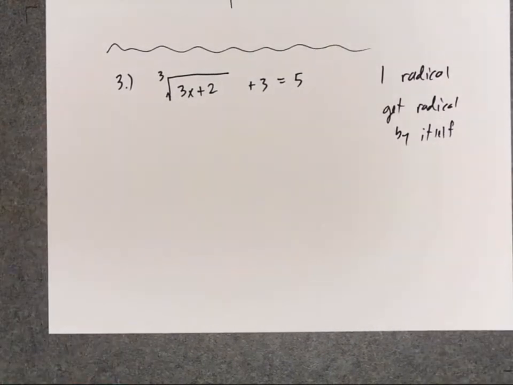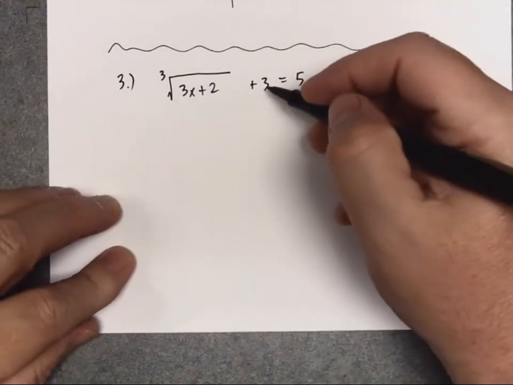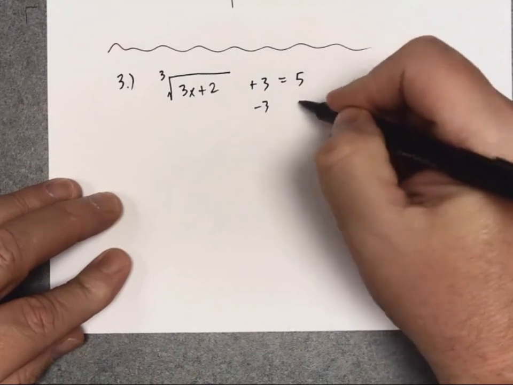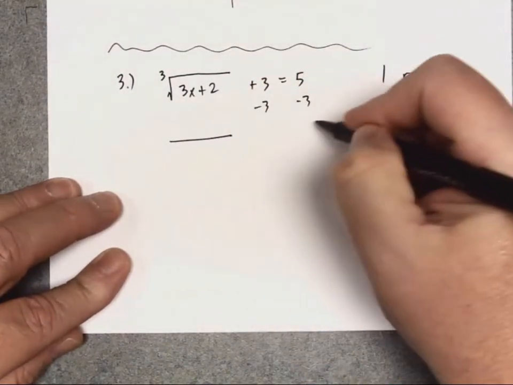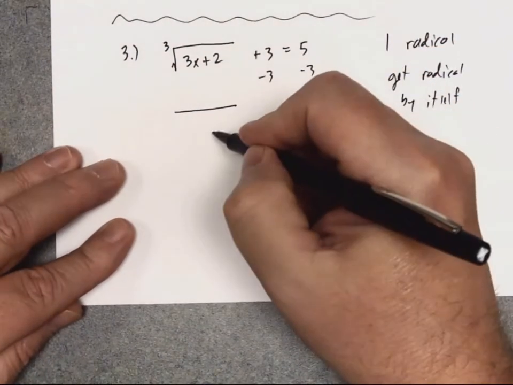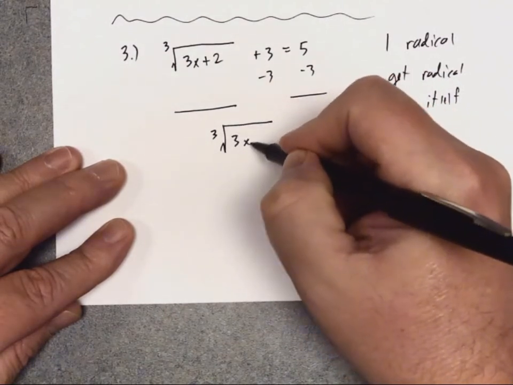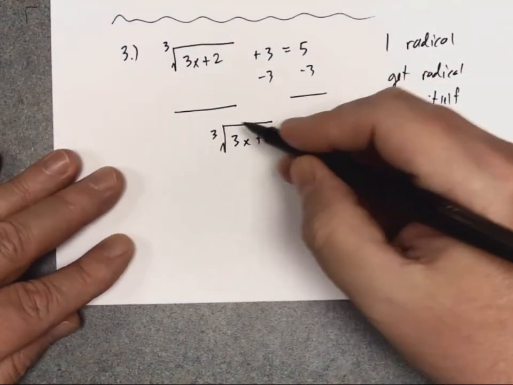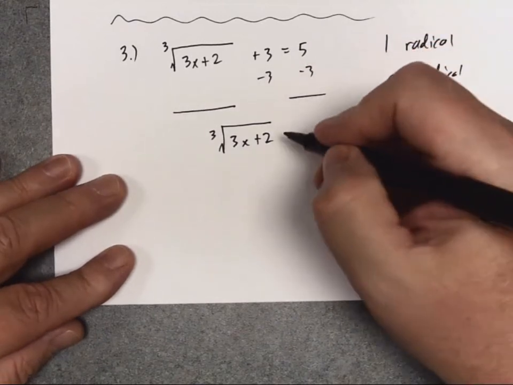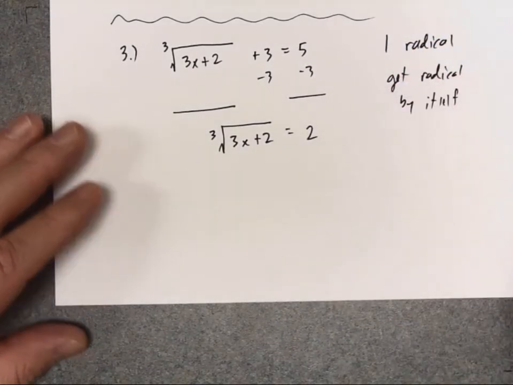That's the first step. Get the radical by itself on one side of the equation. So to do that, I'm going to subtract 3 from both sides. So I end up with the cube root of 3x plus 2 equals 2.